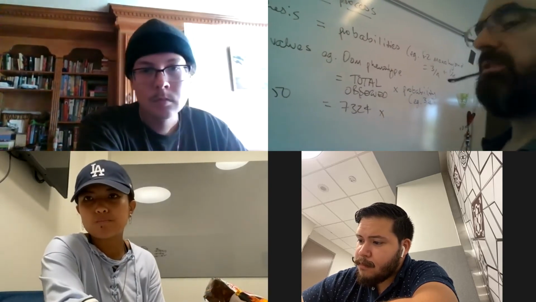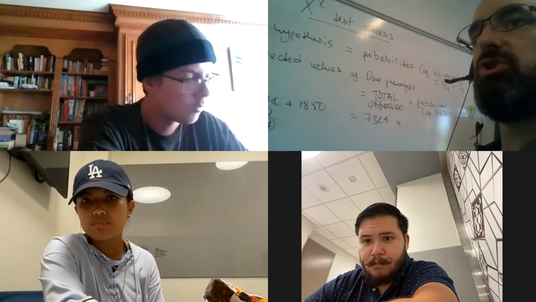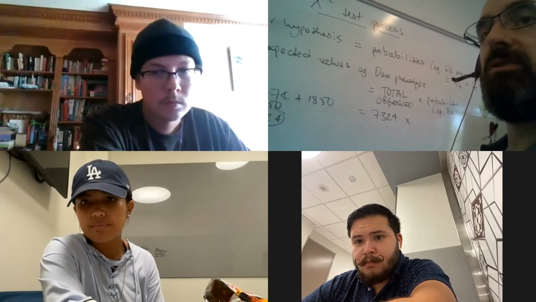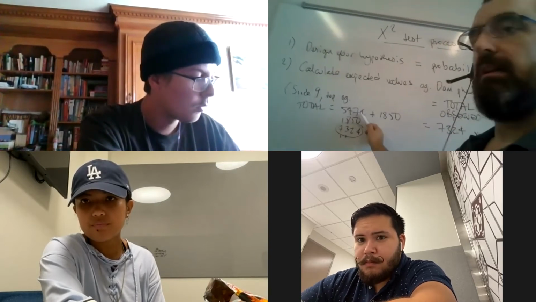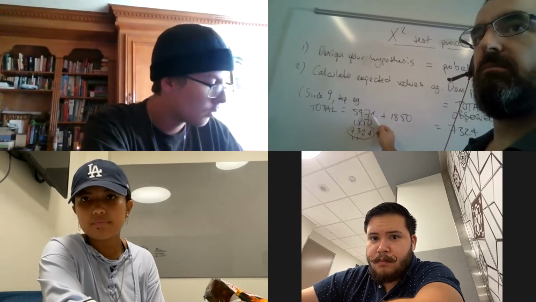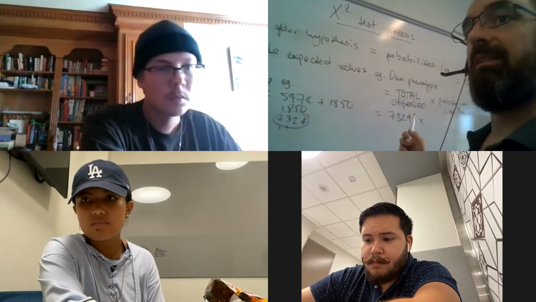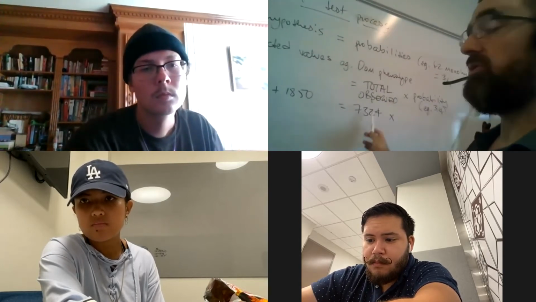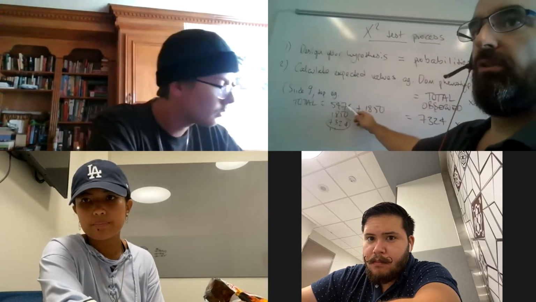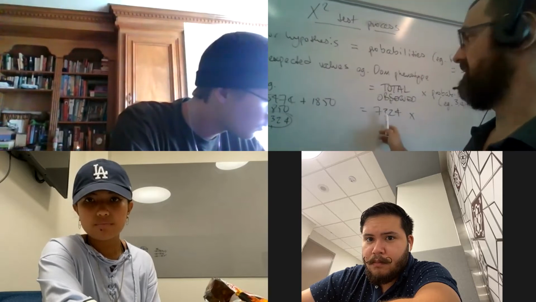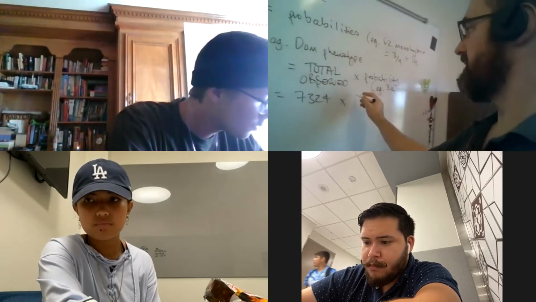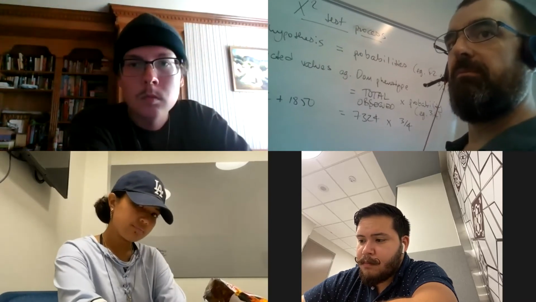Right. So if we want to figure out how many dominant individuals we would expect, not what we got, what we got is this number here, that's the observed. What we think we should get is the total, not the dominant, but the dominant and the recessive added together, so the total times the probability of getting that expected phenotype.